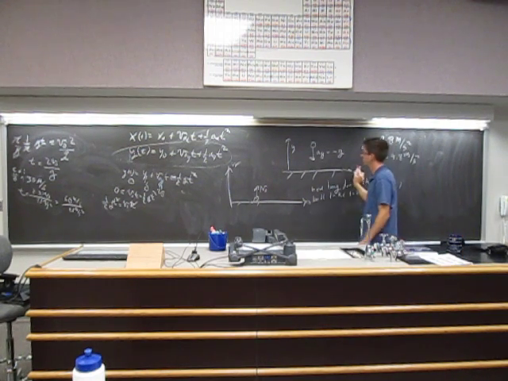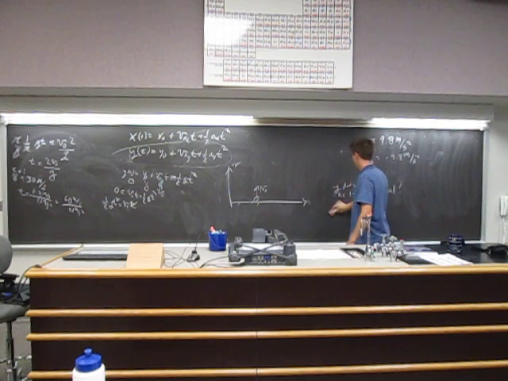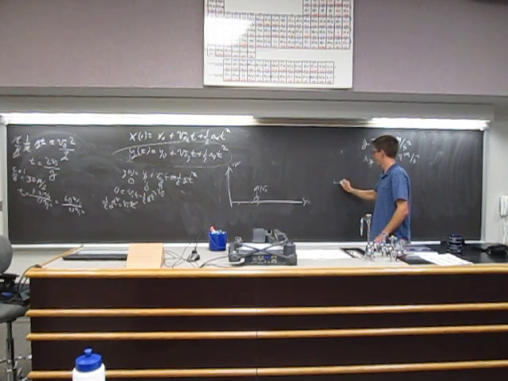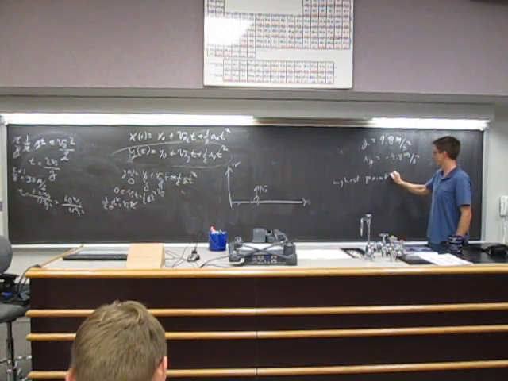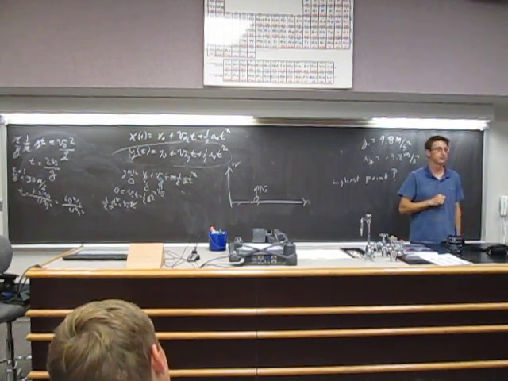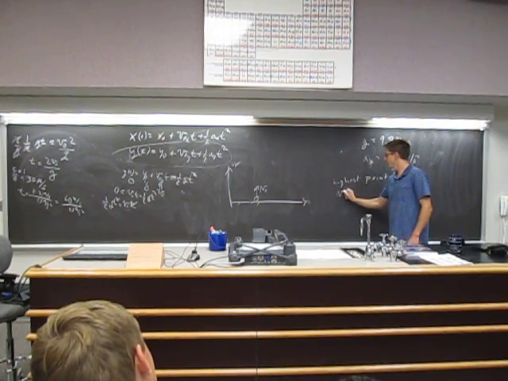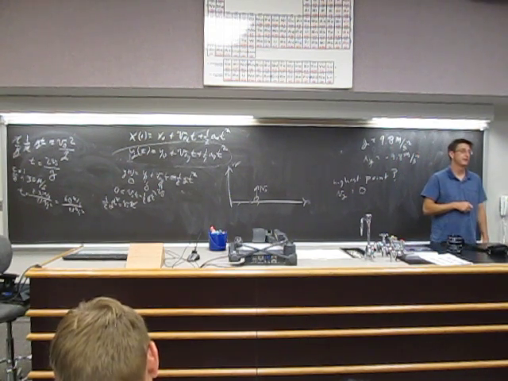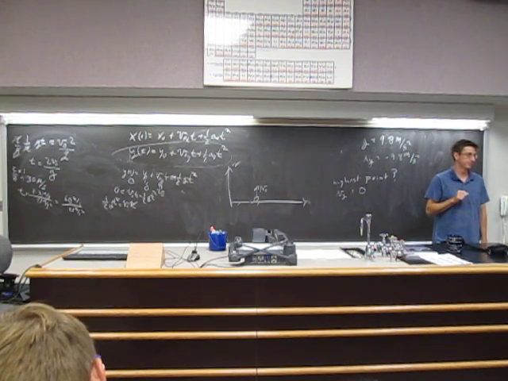So highest point, what's the condition? The condition for the highest point is that the velocity in the y direction is 0. That means it's turned around, coming back down.